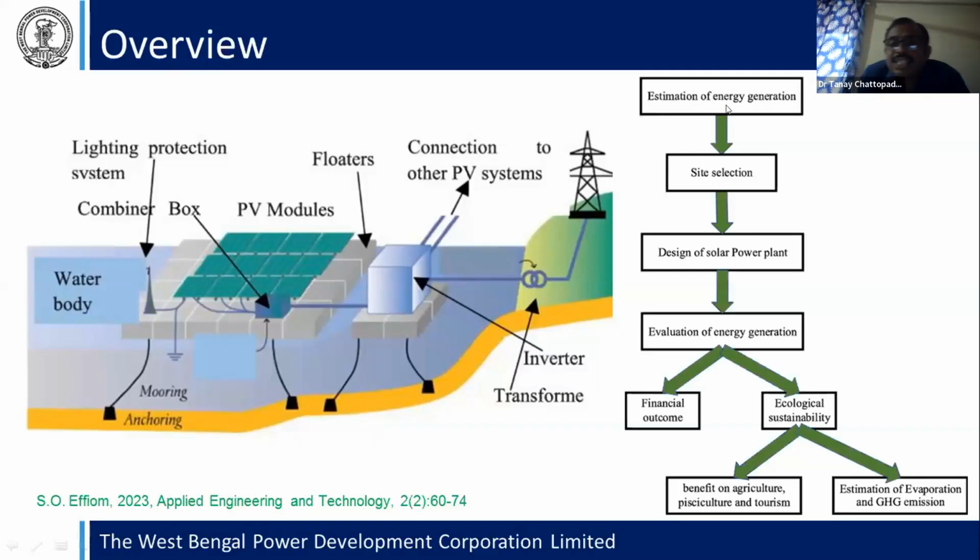First of all, we want to tell that this is the estimation of energy generation, and then site selection is important, design of the floating solar plant, and evaluation of the energy generation, then financial outcome and ecological sustainability should be developed, which is of benefit for agriculture, pisciculture, and tourism, and which decreases the evaporation losses. And these are the main advantages of the floating solar power plant.